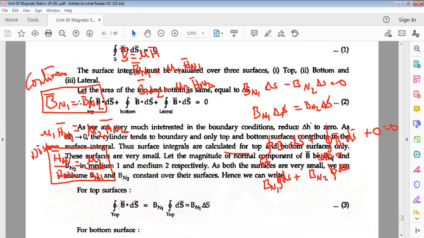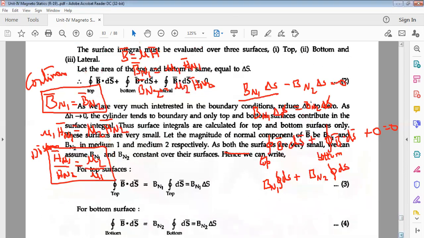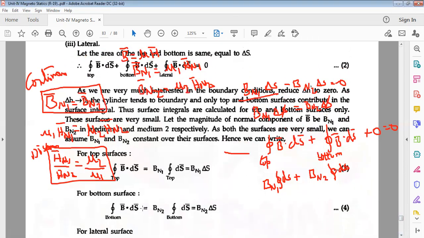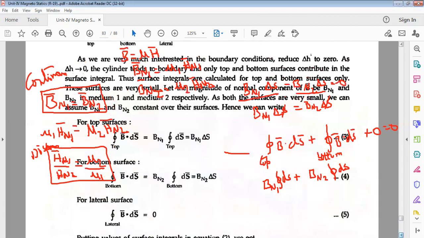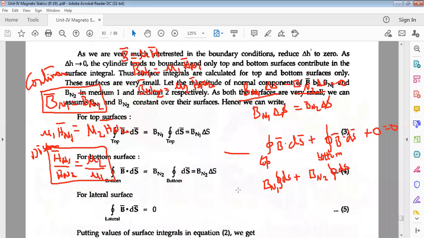See here, the integral over the top surface, the integral B bar dot ds bar, is equal to BN1 into the integral ds, BN1 into delta S, not ds, the delta S. Similarly, for the top we got BN1 and delta S. Similarly, for the bottom surface also, BN2 delta S. The lateral side is 0. For the lateral side, B bar dot ds bar is equal to 0.